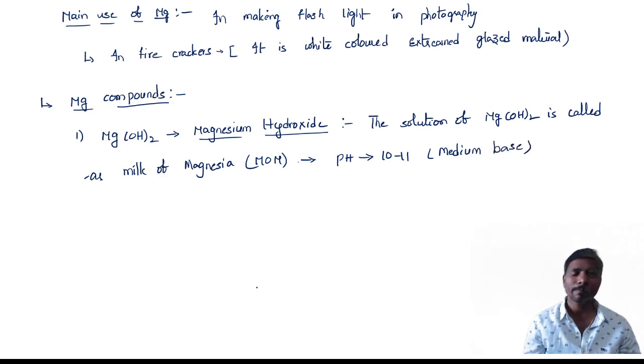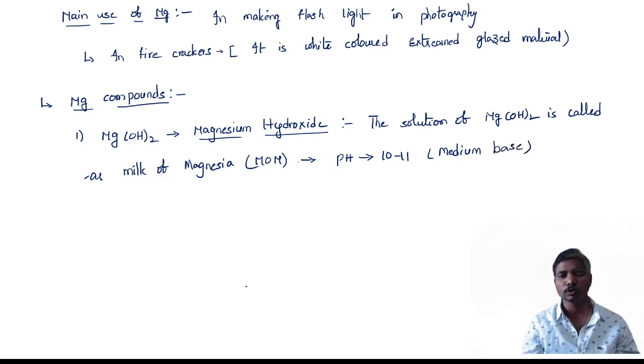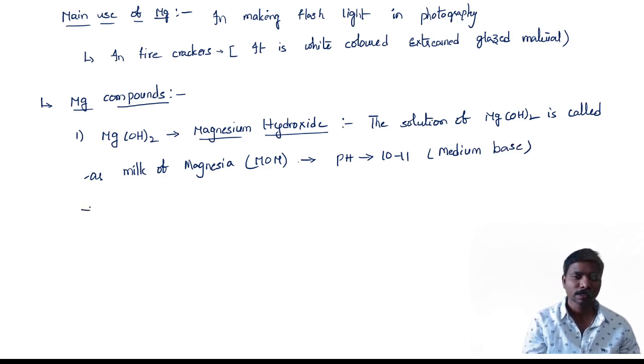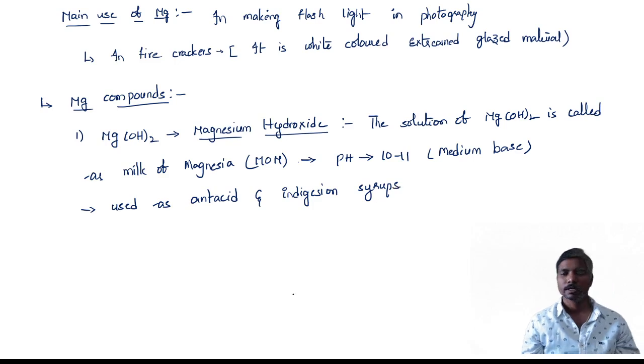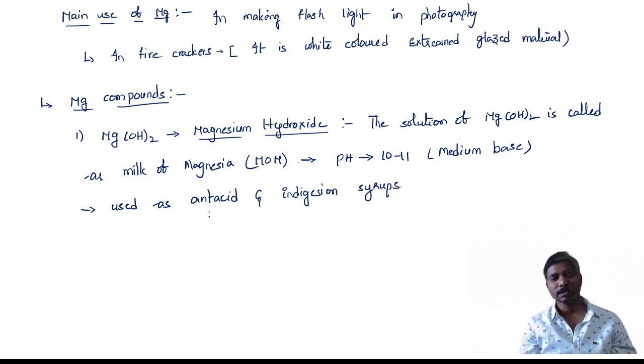These medium bases are very much useful to human beings. Why? Because they are used as antacids and indigestion syrups. Whenever a person is suffering with acidity, the pH level is very low.